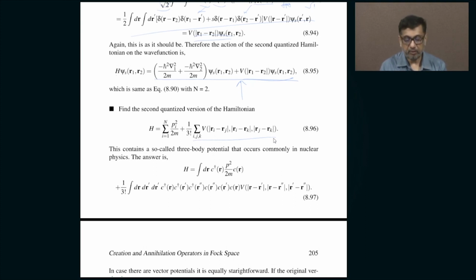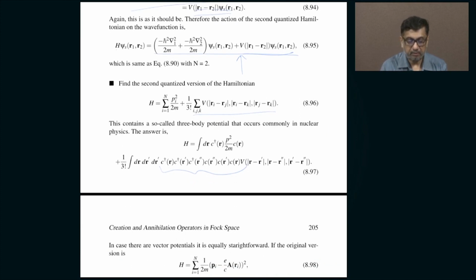Those are called 3 body interactions, and they are uncommon in condensed matter, but somewhat common in nuclear physics. I am just mentioning it because you can think of this as an interesting exercise, where you can rewrite this 3 body interaction in this way.